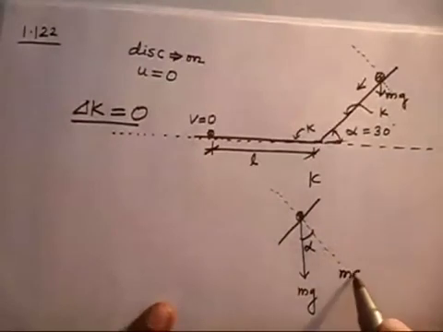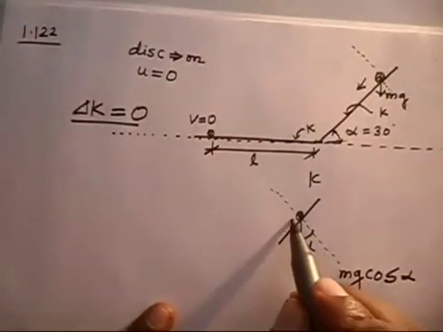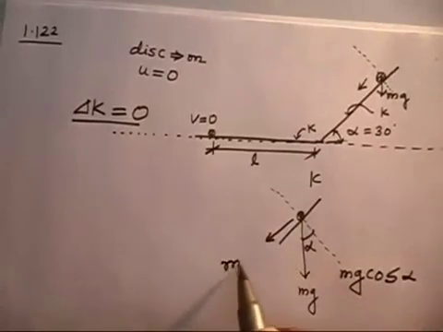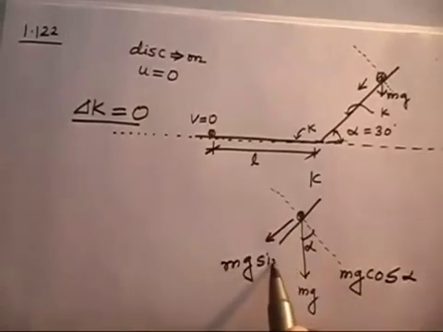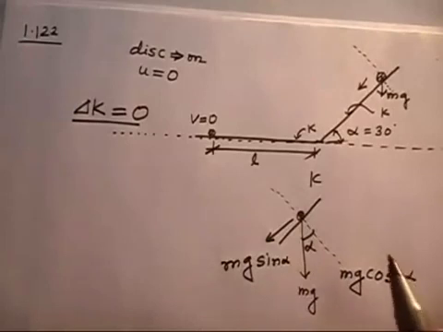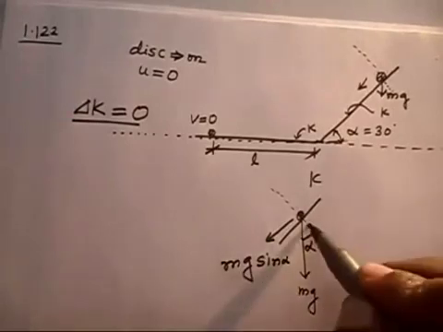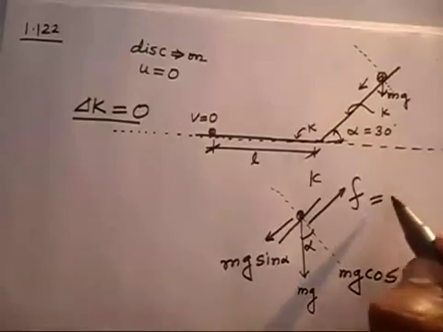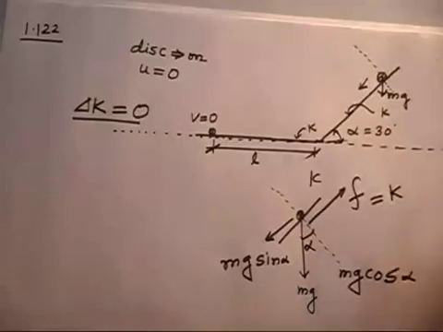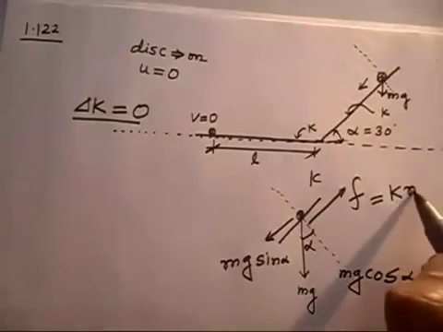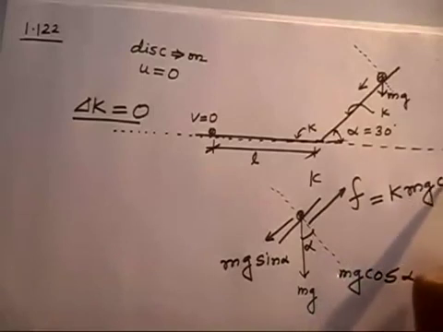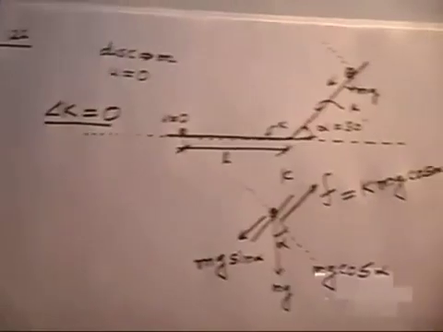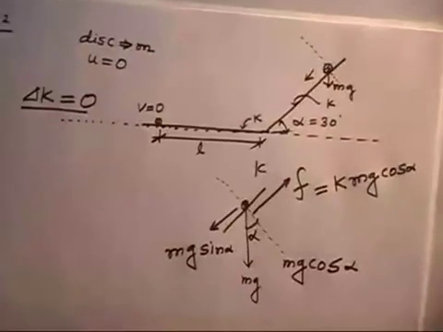So this is mg cos alpha, and this side will have mg sin alpha. Now the friction force is acting up the plane, and the value will be mu times N, because this is sliding friction, k mg cos alpha. So this is the friction force that will act.